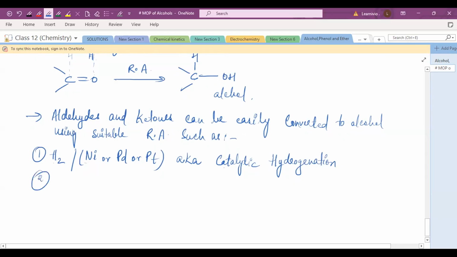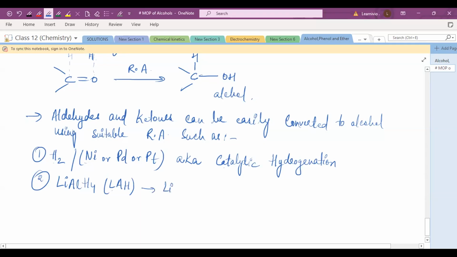Second, आप use कर सकते हो reducing agent. The most strong reducing agent is lithium aluminium hydride, right? LiAlH4, कि आप simple LAH भी बोलते हो आप इसे, lithium aluminium hydride.